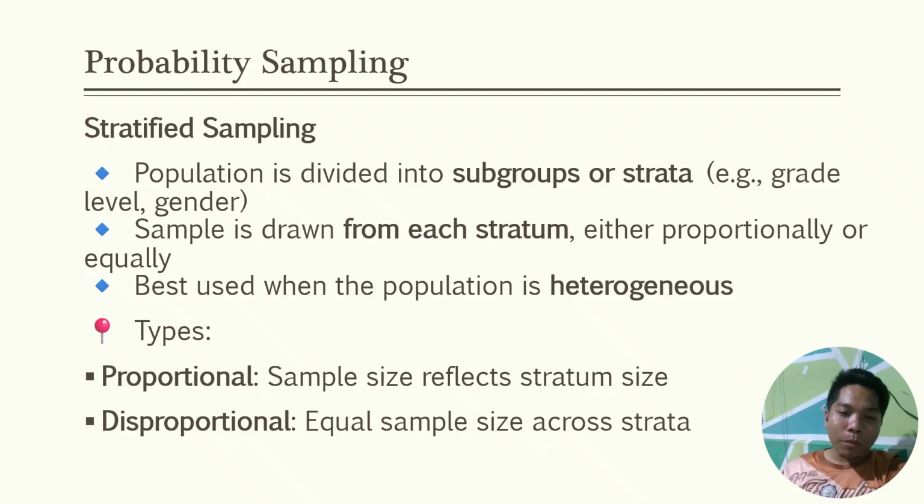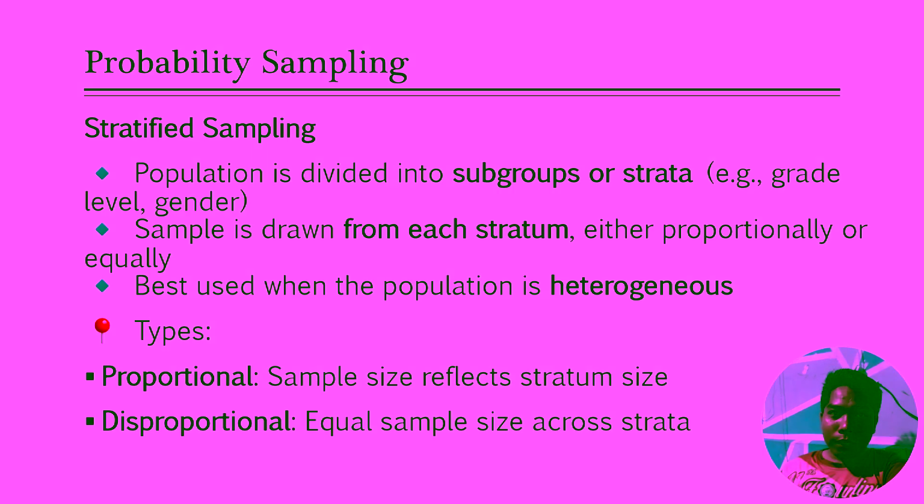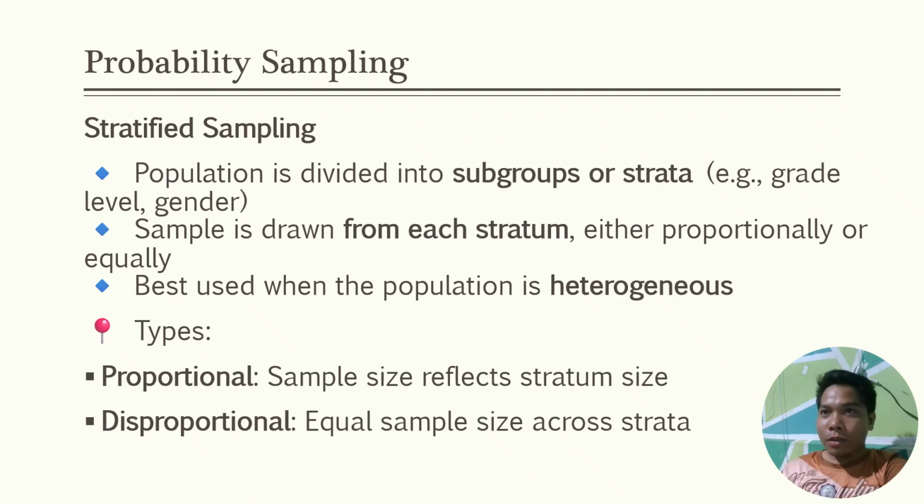On the other hand, disproportional sampling gives equal sample sizes across strata. So whatever the numbers of each stratum, again, for example, the 40 to 60 ratio for males and females, you can directly get 10 randomly selected males and 10 randomly selected females to represent your 20 respondents.